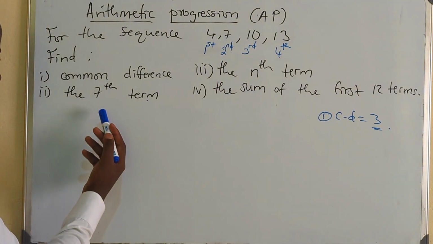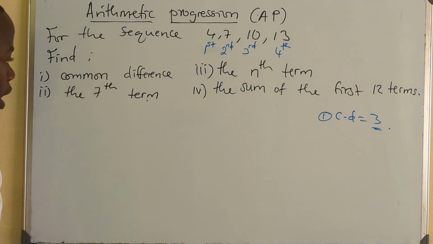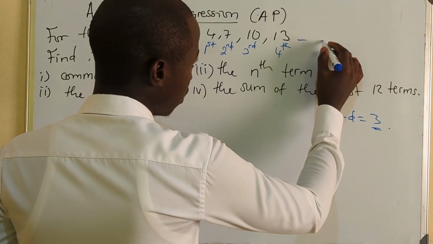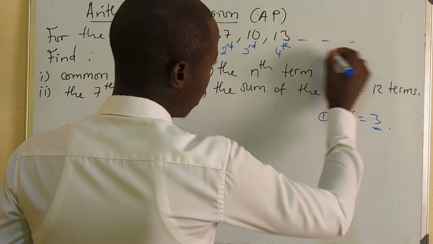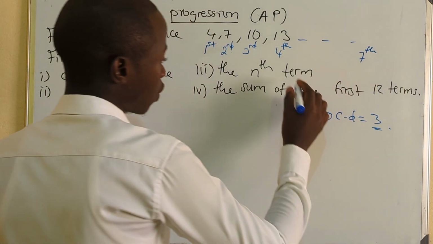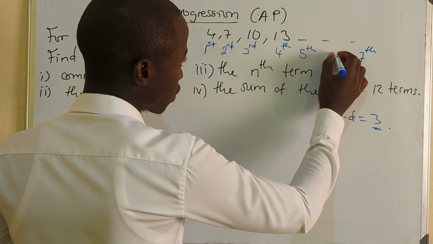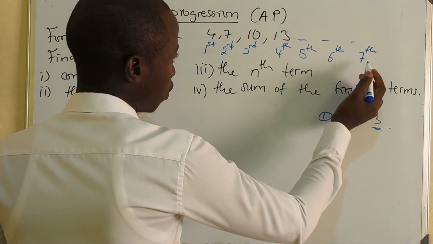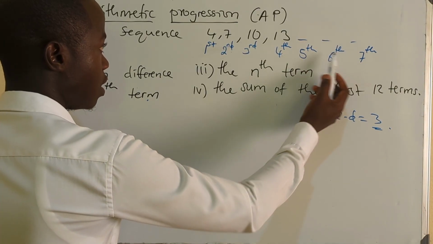So the second question, they're saying find the 7th term. To find the 7th term, we have missing numbers in between the 4th term and the 7th term. The missing numbers are the 5th term and also the 6th term. So to find the 7th term, we need to find these terms.